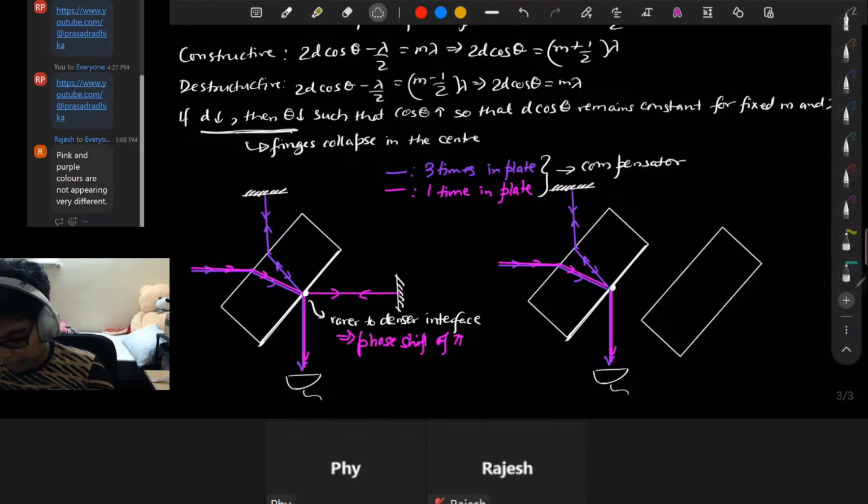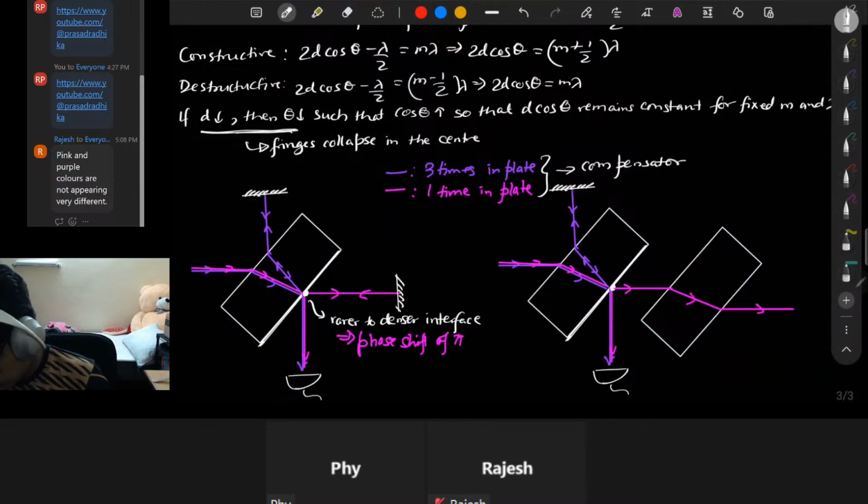It just does not have that partially silvered part. So no reflection will happen, only transmission. And this time the pink ray will go here, then get refracted like this, then it goes like this, comes out. So this is the path.